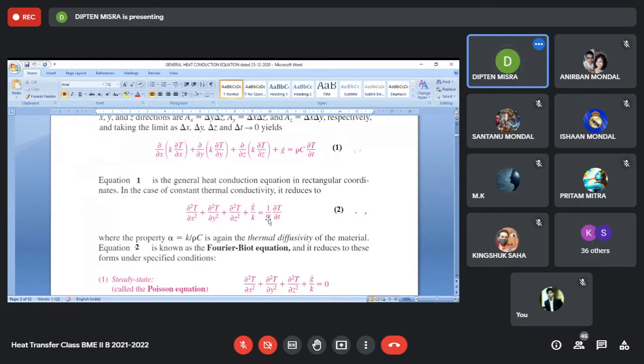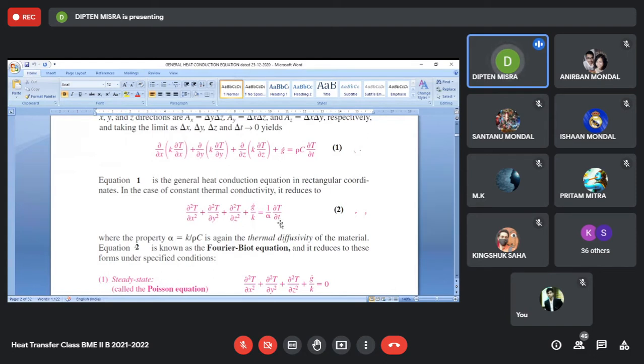Now if you look into this, the differential equation which represents the distribution of temperature for this particular problem, that distribution can be obtained if we can solve this differential equation. And if we look into the nature of this differential equation, we'll see that it is second order in terms of X, Y, Z. To get a solution, we must have a pair of boundary conditions at different values of x, a pair of boundary conditions at different values of y, and a pair of boundary conditions at different values of z.